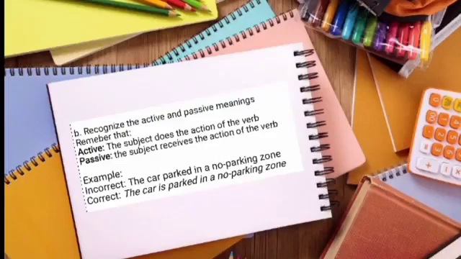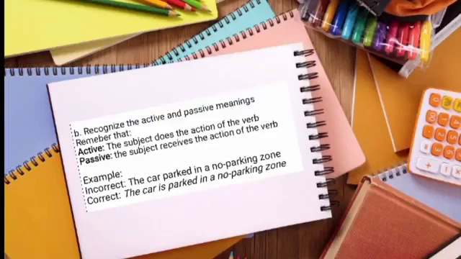And the next is you should recognize the active and passive meaning. You can use the meanings in Indonesian. And remember that active, the subject does the action of the verb. And the passive, the subject receives the action of the verb. For example, for the incorrect, the car parked in a no parking zone.